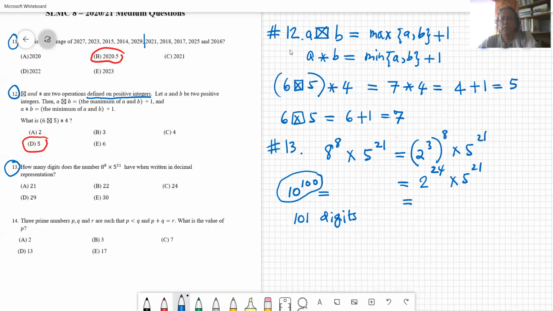So then let's write this as 2 to the 24 as 2 to the 3 times 2 to the 21 times 5 to the 21.